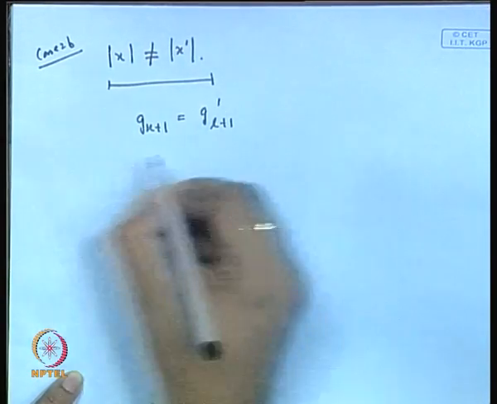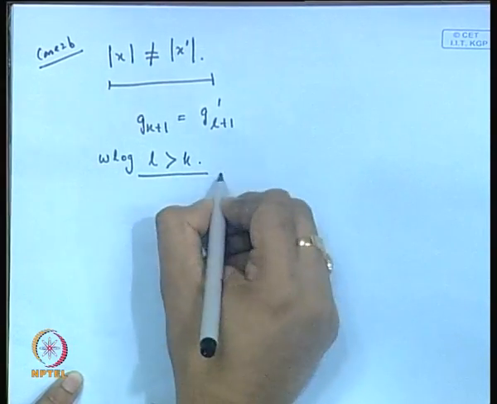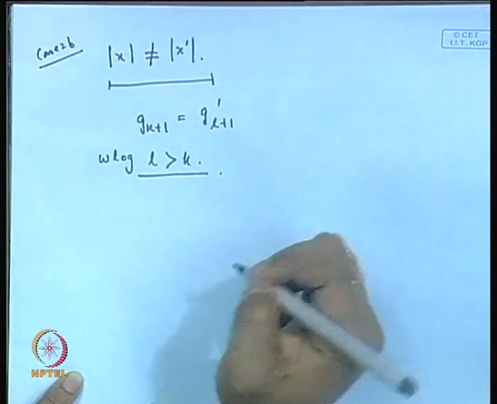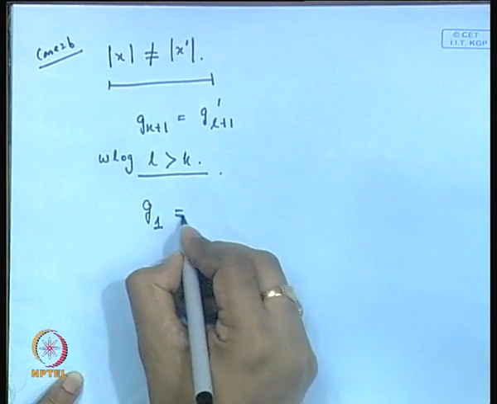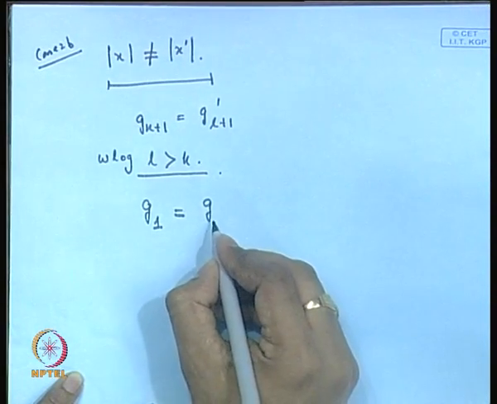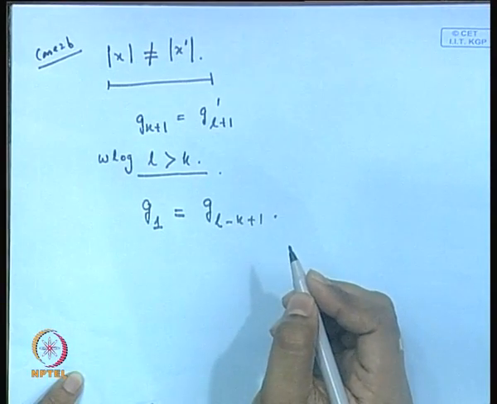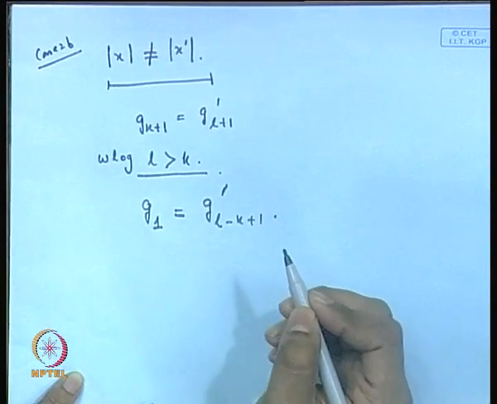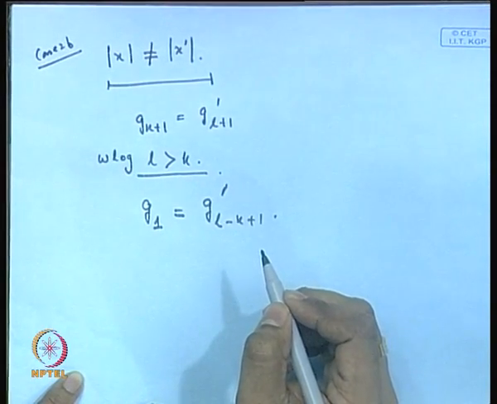So if I assume without loss of generality that l is greater than k, then I can continue in this fashion, and what I will obtain is g of 1 in the final step, g of 1 will be equal to g of l minus k plus 1 dash.